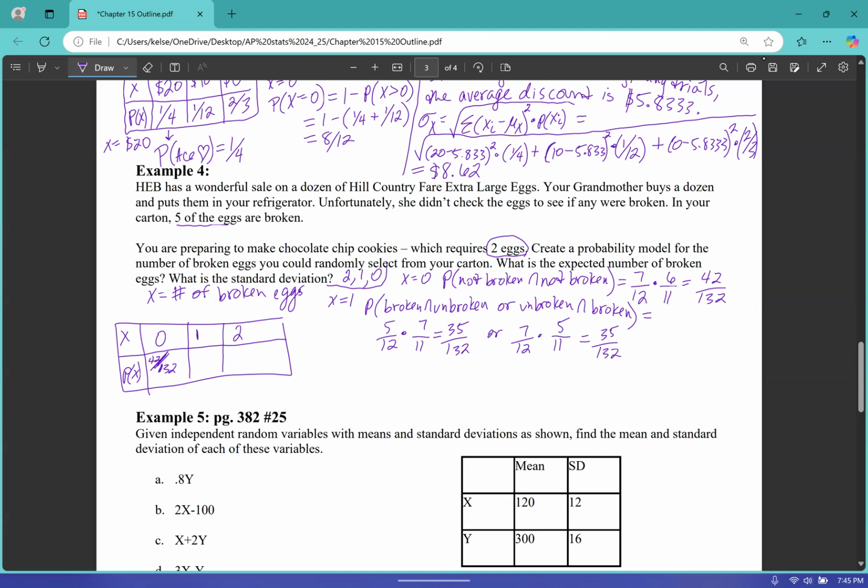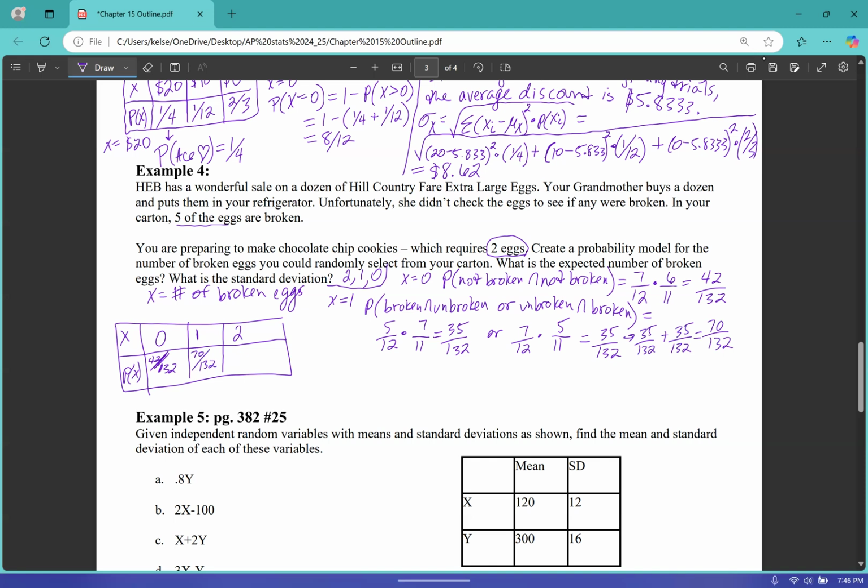Don't just show this times this and then multiply it by 2. Show both ways of getting the 35 out of 132 so that they understand that you know what you're doing. So then we have 35 out of 132 plus 35 out of 132. We add that, so it's 70 out of 132, and we put 70 out of 132 here.